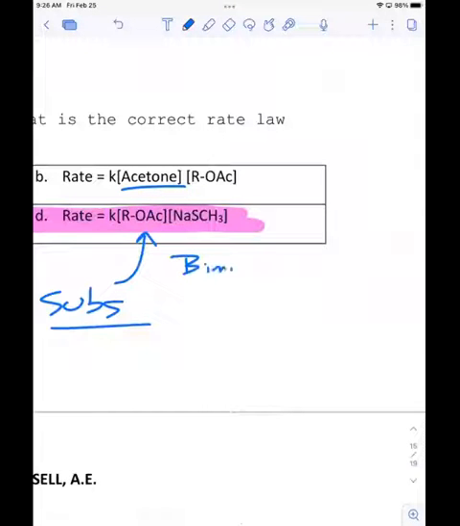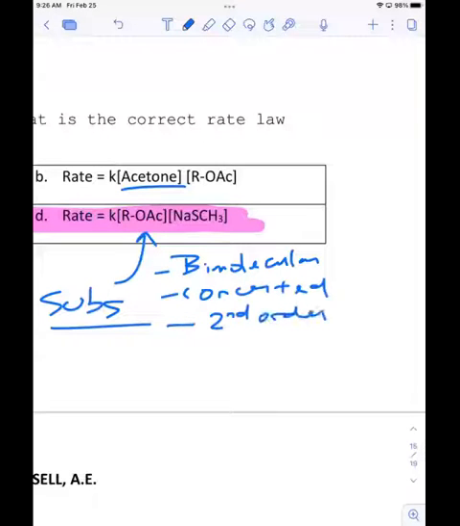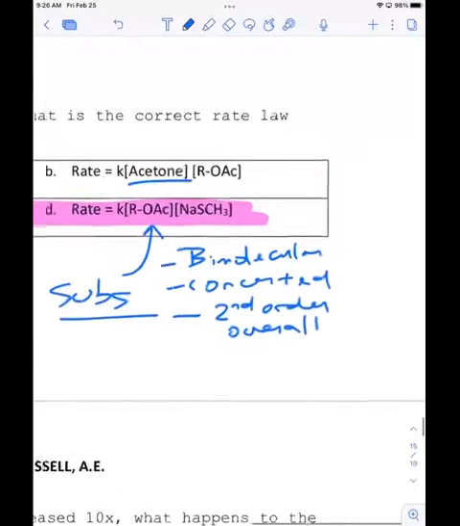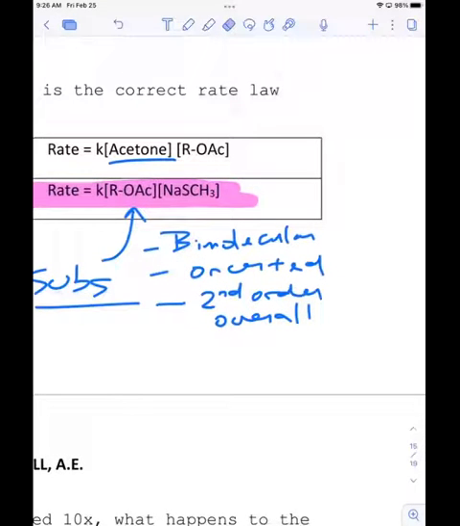It tells us that it's bimolecular, that it's concerted, and that it is second order overall. All of that we can glean from just that rate equation.